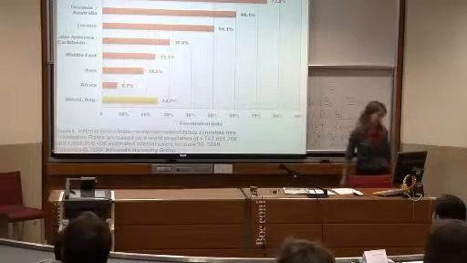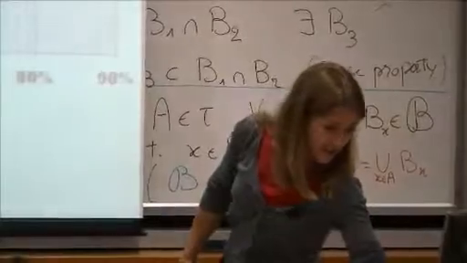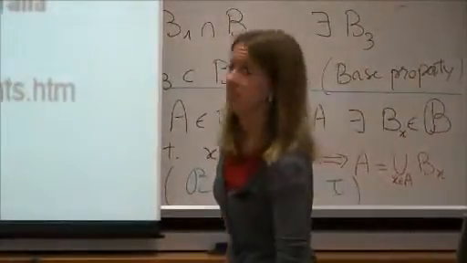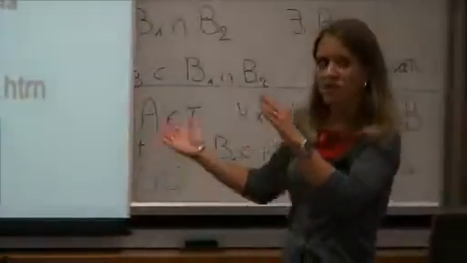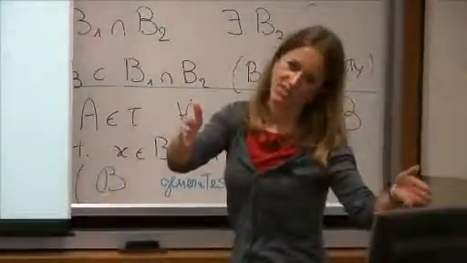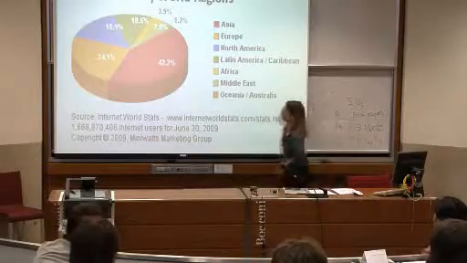Are you surprised? Probably not. A bit more interesting than this is this statistic. So these are taking the world Internet users total. How do they spread across different regions?